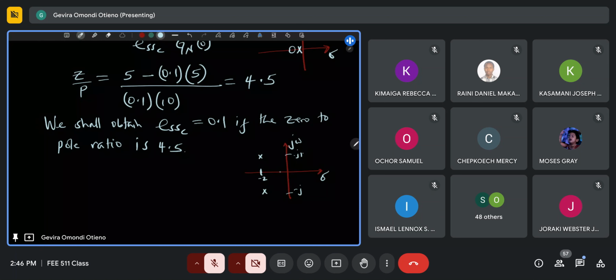So what should be the distance to the 0? Because the pole will also just be close by there. So what is this distance here? Because that's what will give us the location of the 0.